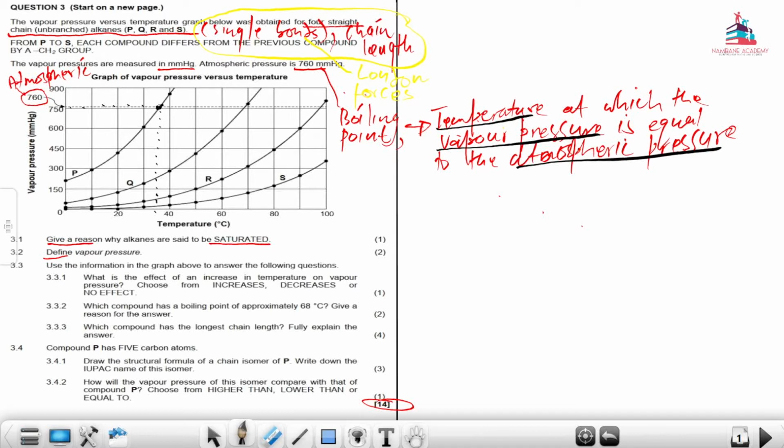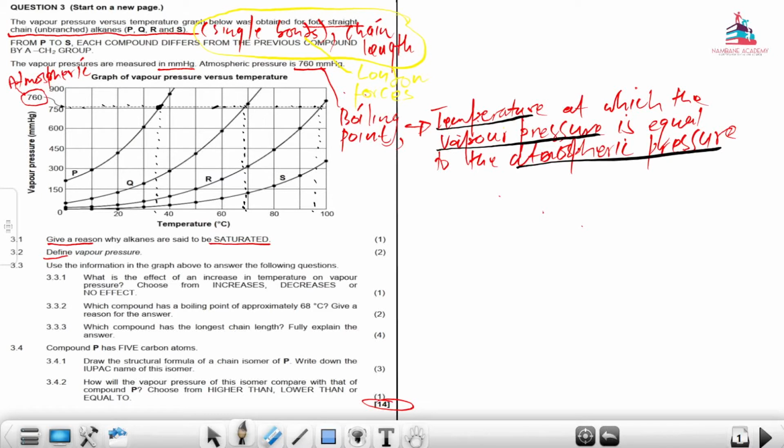So this here will be the boiling point of compound P. Further on, if I want the boiling point of Q, it must be the point where the graph intersects the atmospheric pressure line and the temperature axis. Then for compound R, it will be at this point, and then at that particular point.